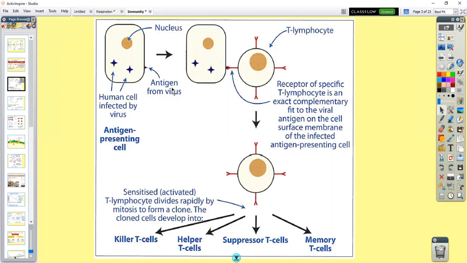Okay, and then T lymphocytes, of which there are many different types floating around within the body, will be drawn to these antigens on the cell surface, and the T lymphocyte which is complementary to those will bind to it. Okay, and once it has bound to that complementary antigen, it's known as being sensitized or activated. Okay, once activated, it will divide by mitosis and produce clones of itself, and then these clones, as you can see, develop into 4 different types of cells.